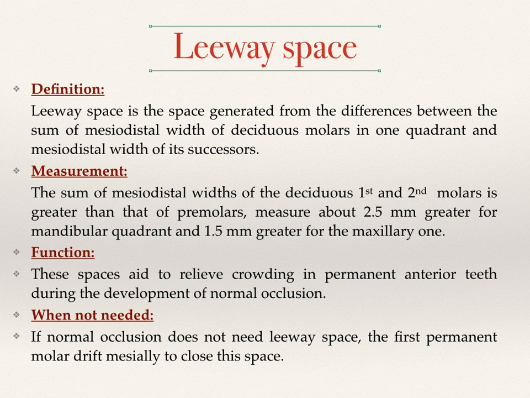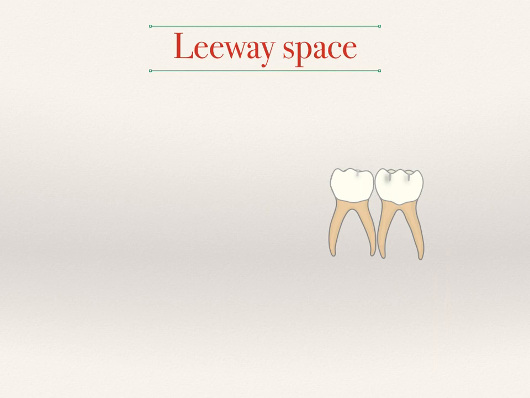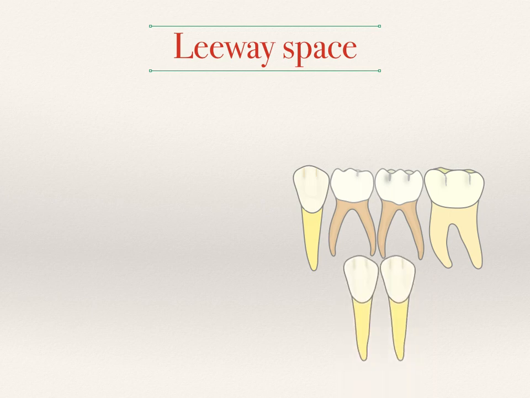These are the two deciduous mandibular molars, the first permanent molar and the permanent canine, and these are the mandibular premolars.